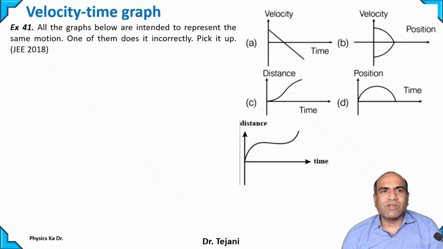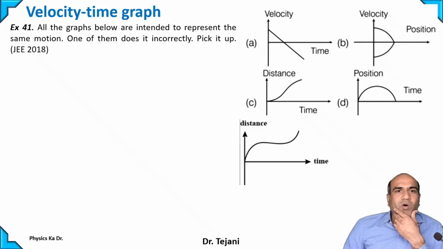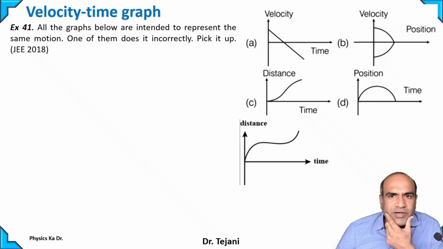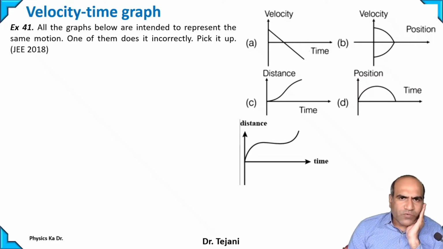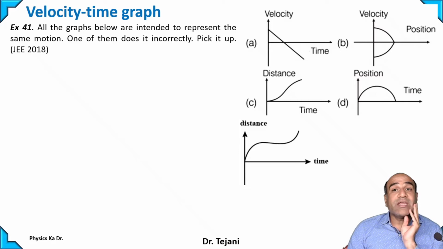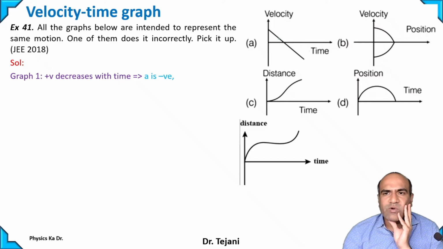One more example we have, JEE 2018. All the graphs below are intended to represent the same motion. One of them does it incorrectly. Pick it up. Let's solve it first. The first one is giving velocity versus time.